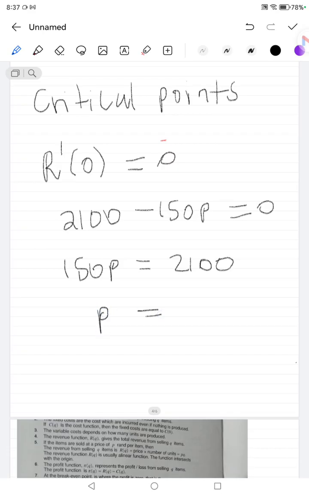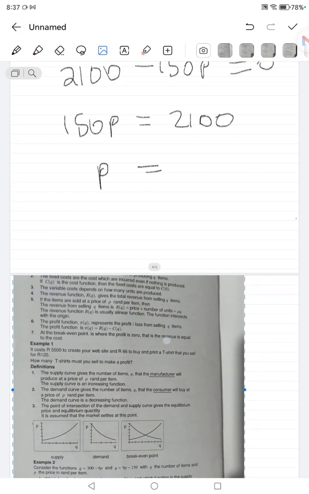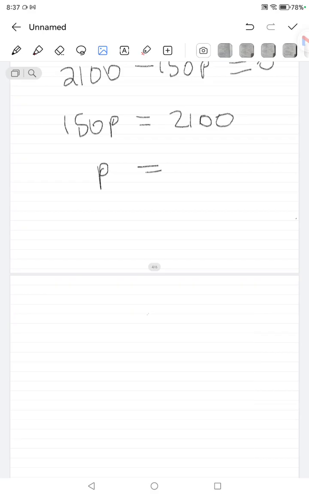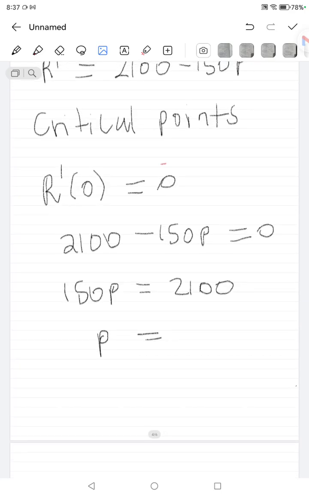Then your p is equal to how much? It's 14.